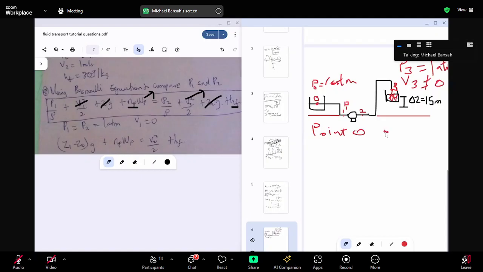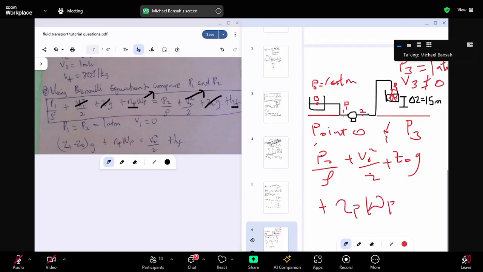Point 0 and point 3. Writing Bernoulli at this point as V naught squared over 2 plus, however you label them, it is according to you, equal to, then it continues that way.